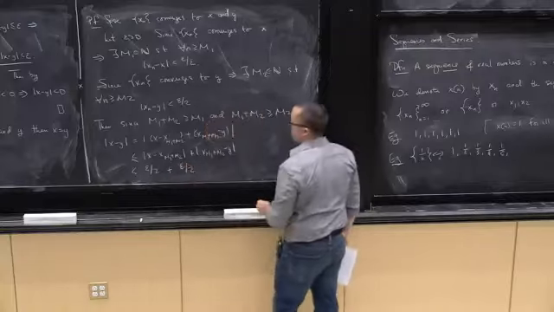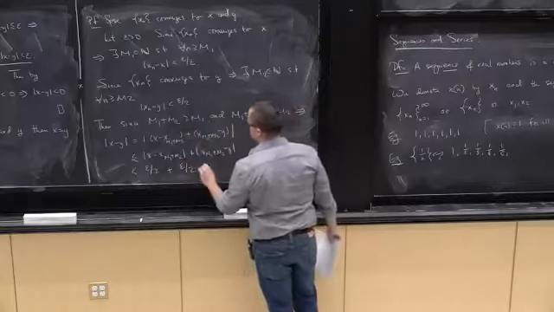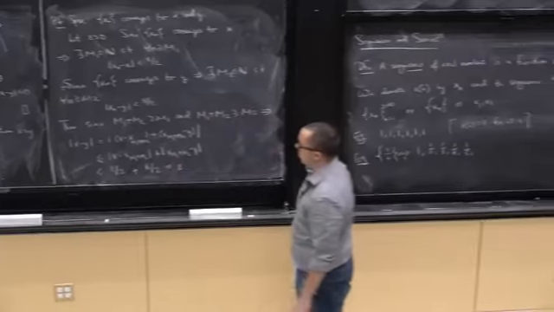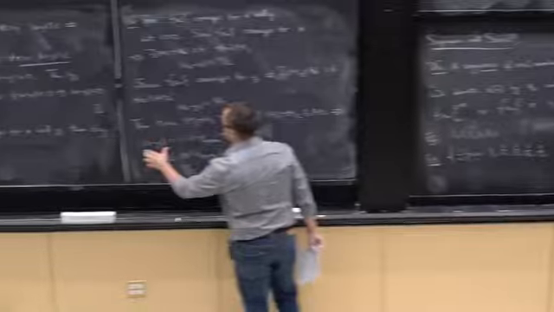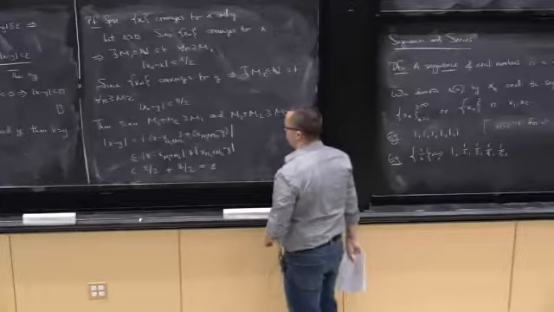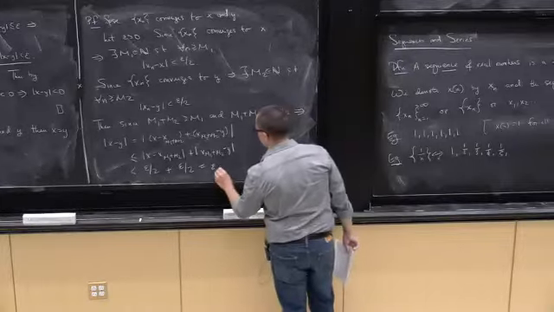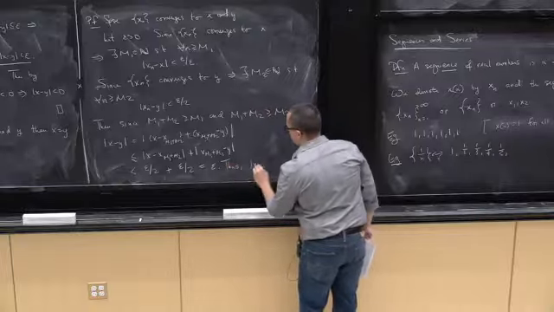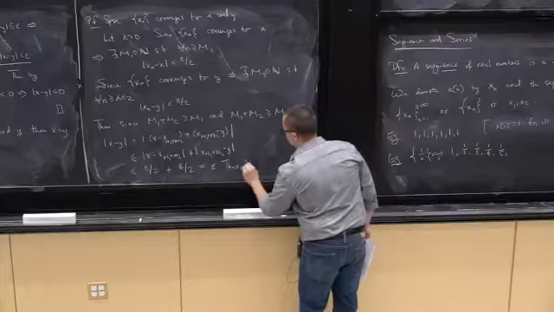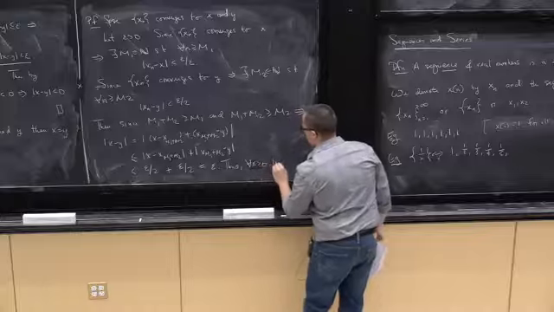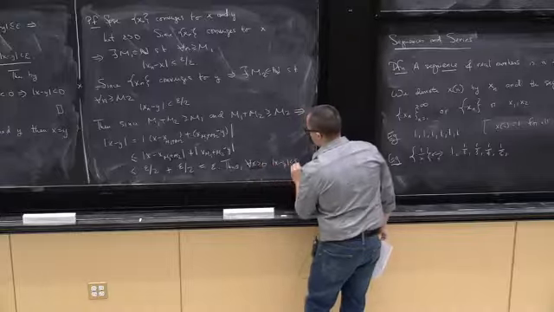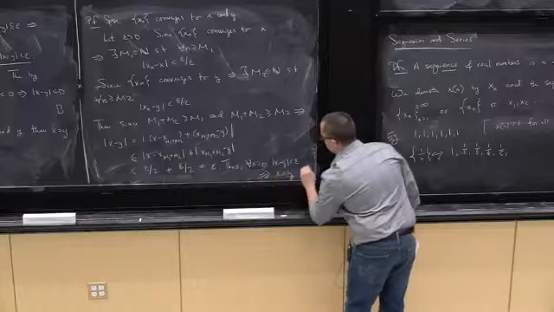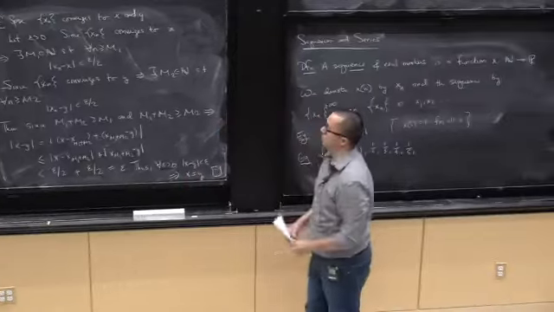Now you see why I divided both of those by 2, because when I add them up, I get epsilon. So I've shown that for every epsilon positive, the absolute value of x minus y is less than epsilon. And therefore, by the theorem that I proved a minute ago, x equals y.